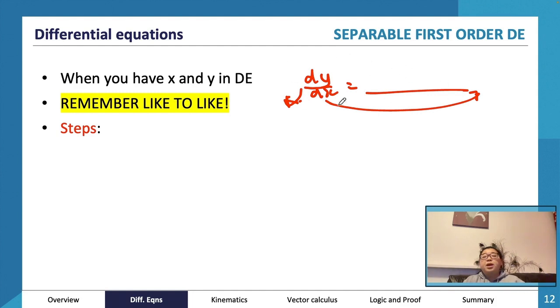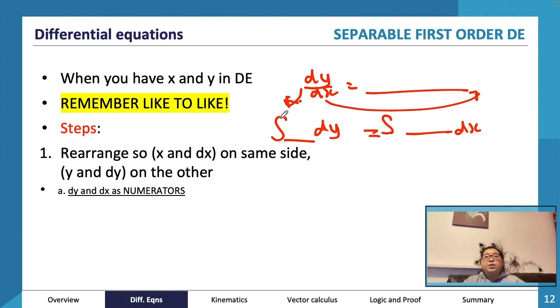The key thing is that you separate them over. You would theoretically think you would have blah dy equals blah dx, but that's actually not mathematically correct. So just make sure when you're doing that step, you add the integral sign at the front. And now suddenly that is mathematically correct. So you can just do something like that.